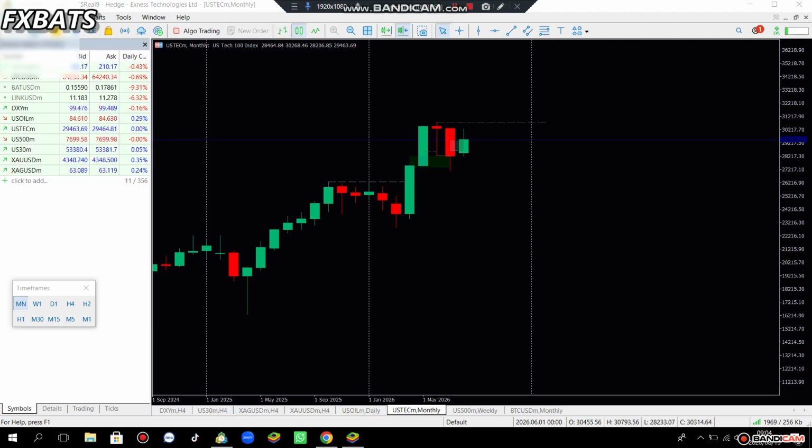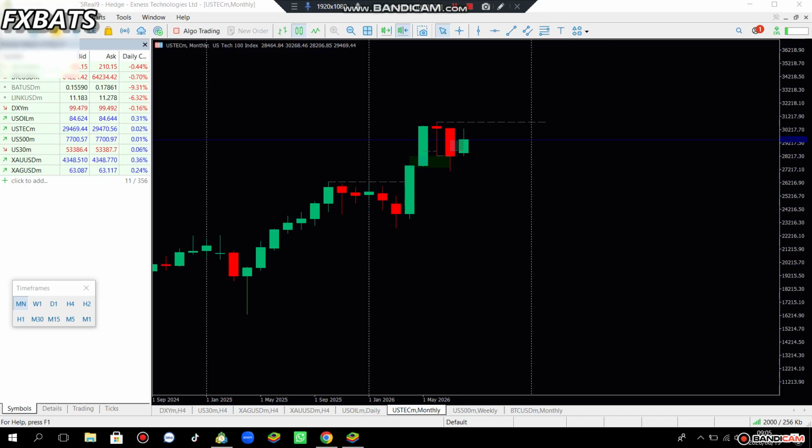So it's easy for me to imply that we are bullish on Nasdaq. According to the rejection that we had, this monthly fair value gap was highly respected, and we're hoping to start pushing price higher due to the two candlestick rejection.